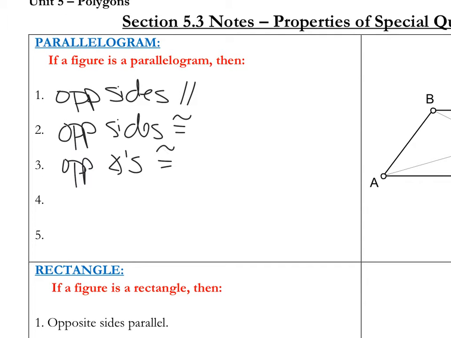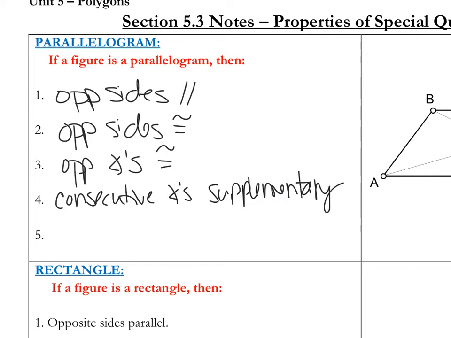And we know that consecutive angles or adjacent angles, that means the same thing, are supplementary. And then the one we're going to add on today that we didn't talk about in the other video is that diagonals bisect each other.